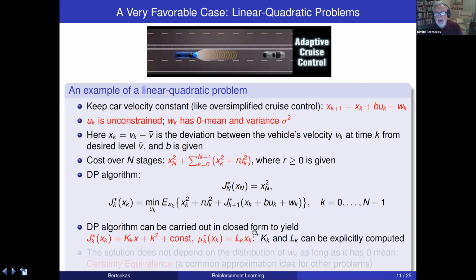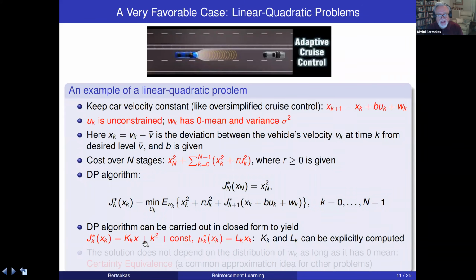the algorithm can be carried out in closed form, and it yields the optimal cost to go as, I'm sorry, there's a typo here, unfortunate typo. This should be Kk times xk squared. I accidentally put a plus sign in instead of an underscore.